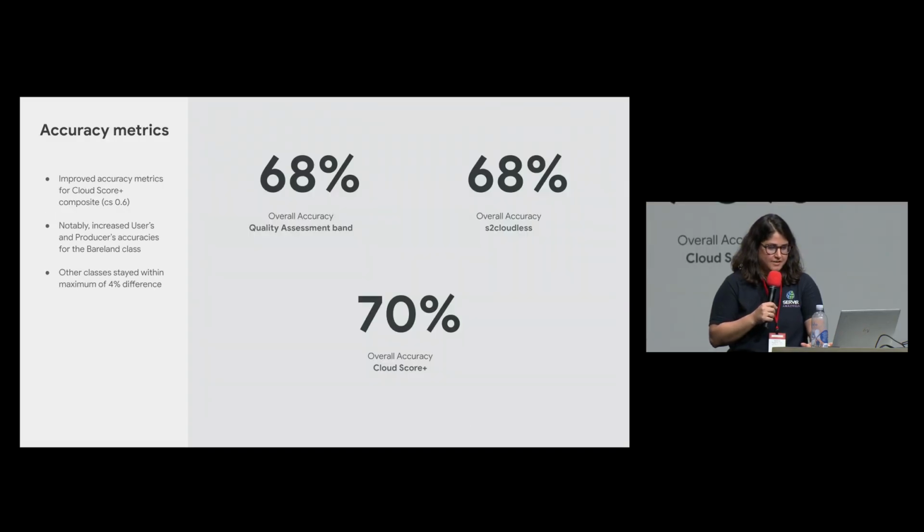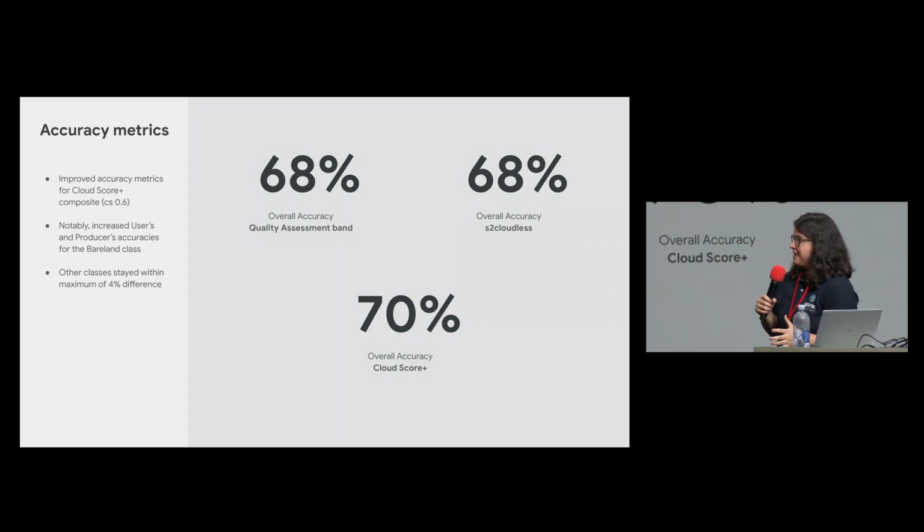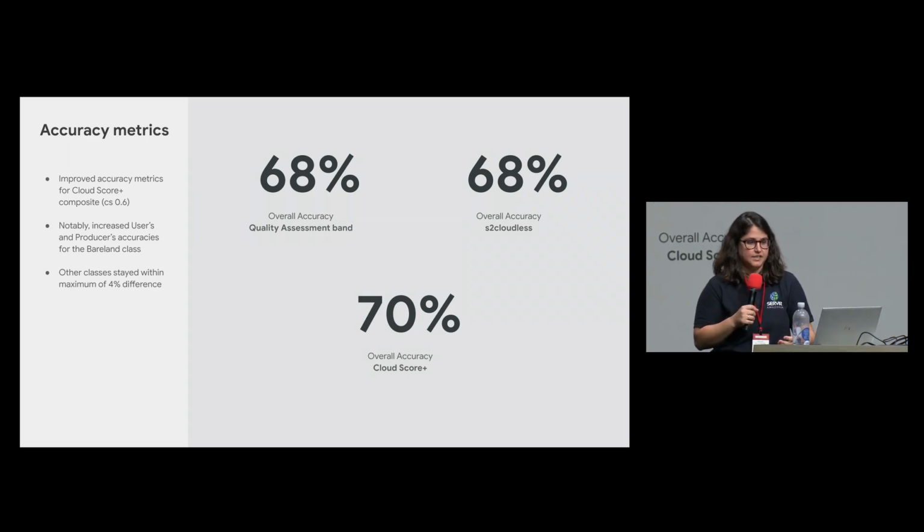In terms of accuracy metrics, the classification using the Cloud Score Plus output shows higher overall accuracy. I basically just took the composite and swapped the Sentinel-2 output to test how the accuracy changed. It may not look like a ton, but it increased 2% compared to the other products. You may think Andrea doesn't know how to model because those overall accuracy results are poor.